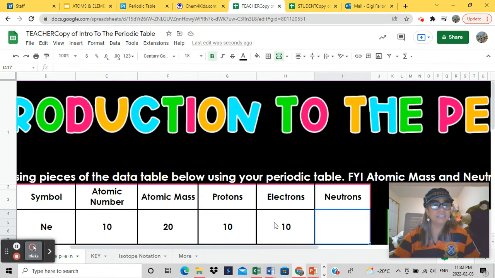The mass is what? This one, 20, minus the number of protons. So you can say 20 minus 10. You don't need a calculator for that. You can have mental math here, right? 20 minus 10 would be a 10, right? Enter.